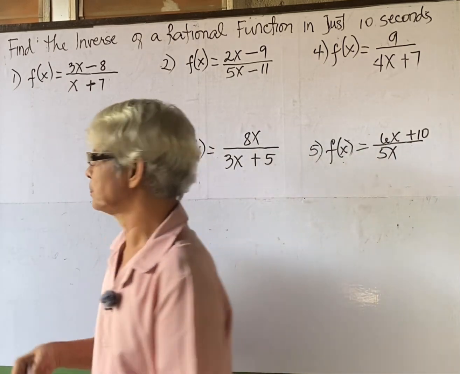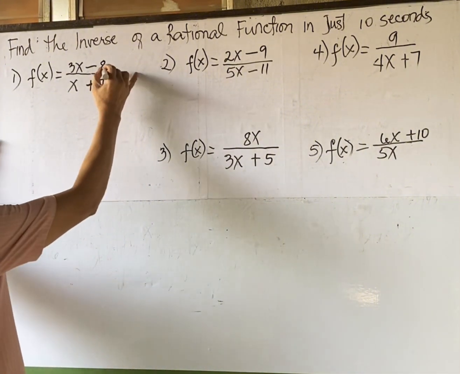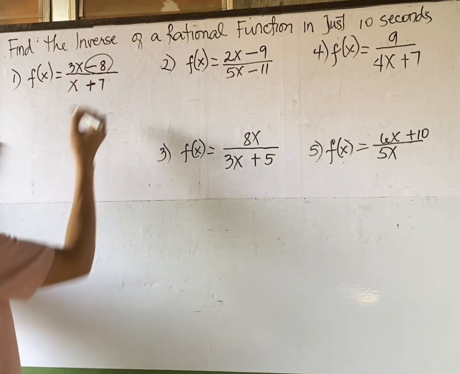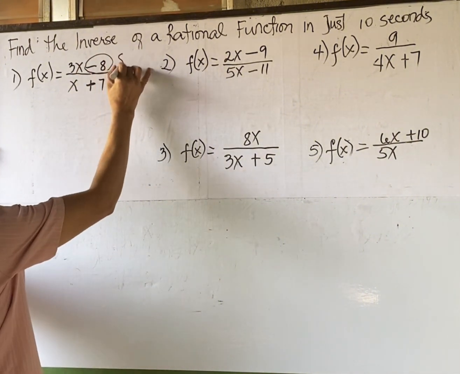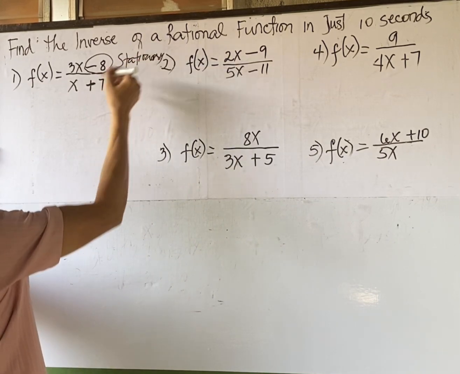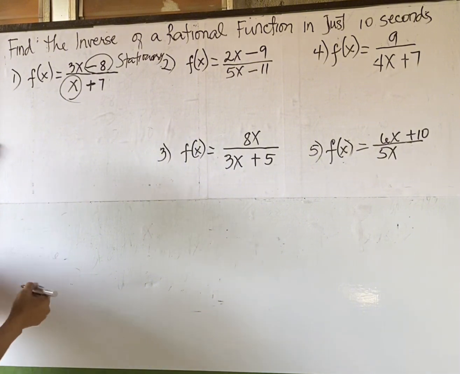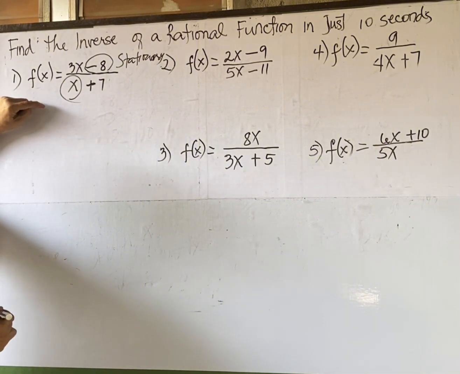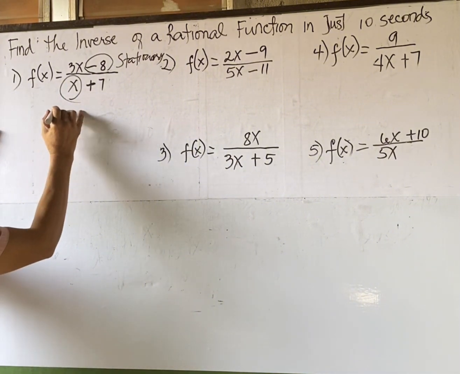Okay, let's go. So the constant term is stationary and the linear term in the denominator is also stationary there.